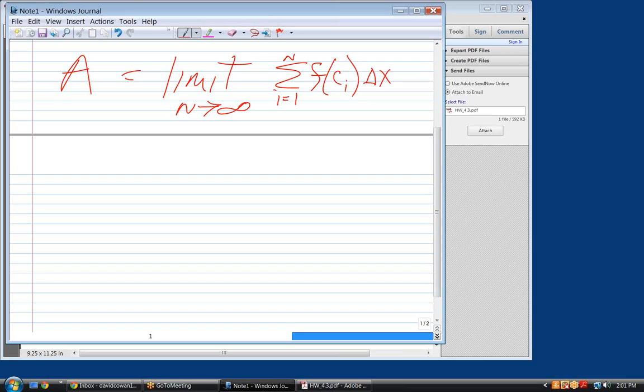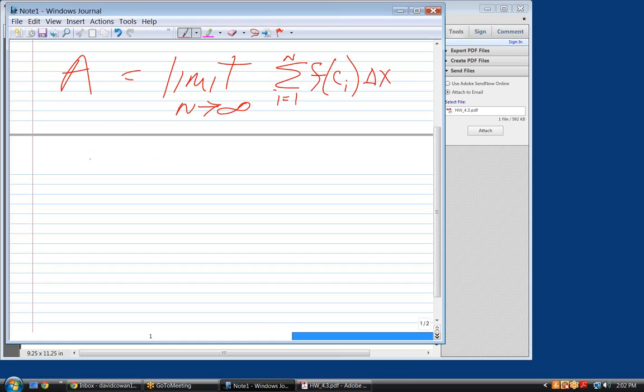The best way for me to try to explain this is if you think back to differential calculus. Remember when we first figured out the limit of the derivative?